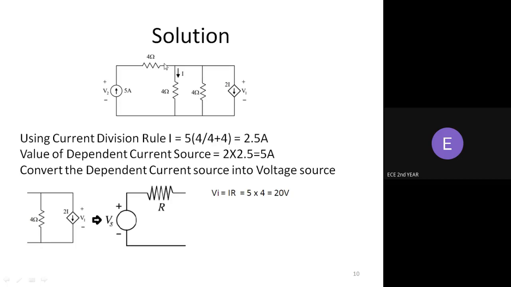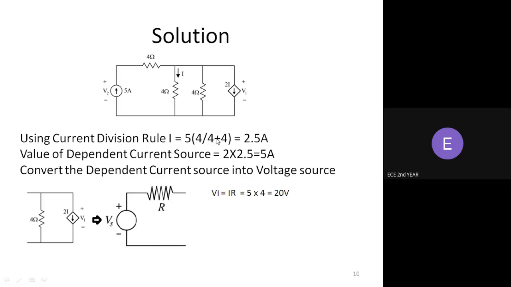We need not consider this 4 ohm resistance, because the total current flowing through it is not part of the splitting. We need to consider only these two branches, because current splits only at this point, not this branch. So we will be applying the current division rule.